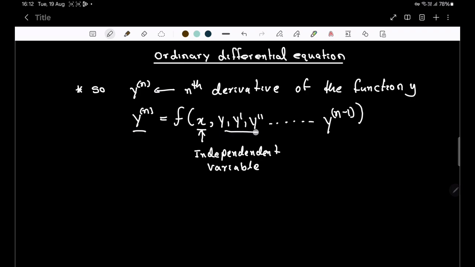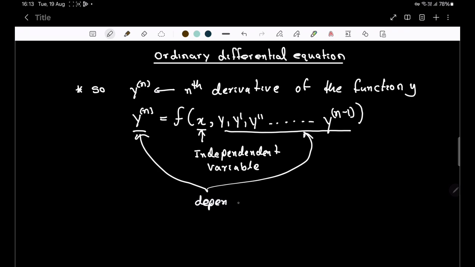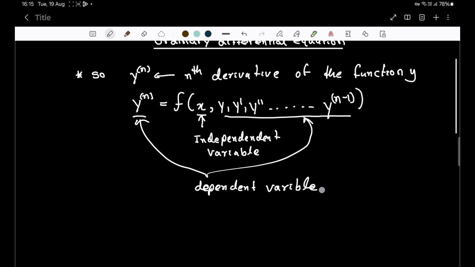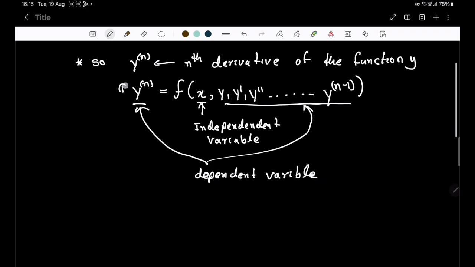These are the terms that consist of the dependent variable. So the nth derivative of the function y depends on the independent variable x and its derivatives which have order less than n. This is the first one.